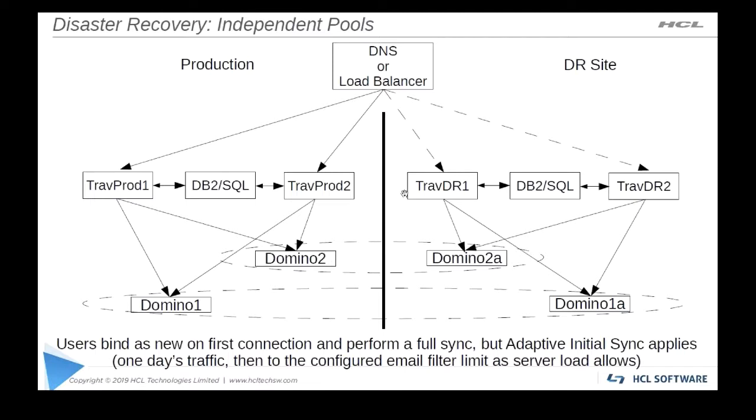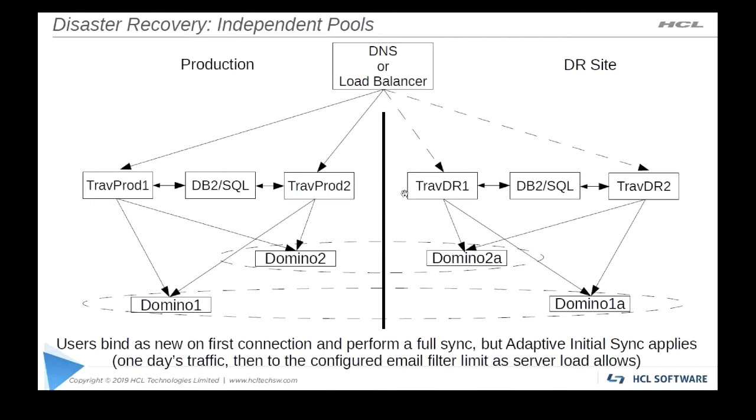And the best practice supported disaster recovery mechanism is to have a completely independent traveler pool at your DR site. There is no pooling across the production to DR boundary. There is no shared database between production and DR.